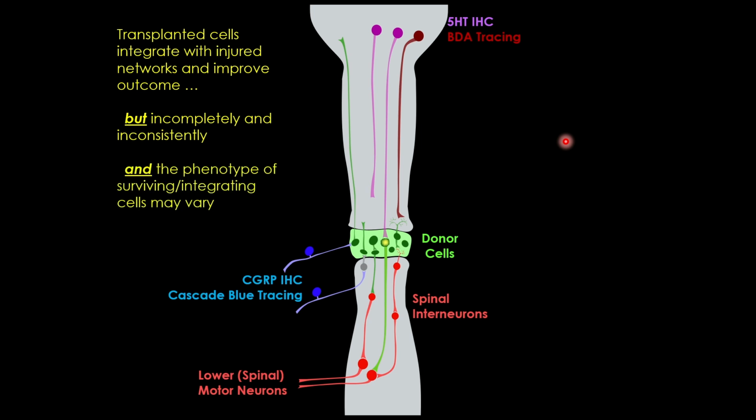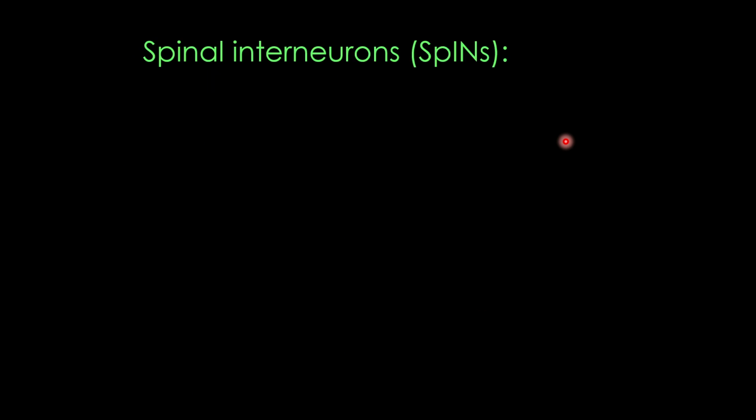We believe that that is partially because we need to better understand the phenotypes of the cells that we're putting in, and how those different phenotypes may vary with different populations of cells that we've used to get these neuroprogenitor cells, and what they do once they're transplanted within the injured cervical or thoracic networks.